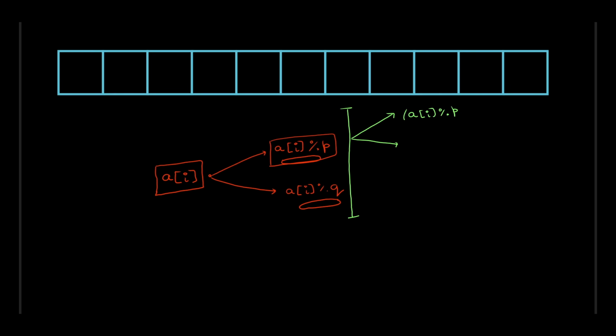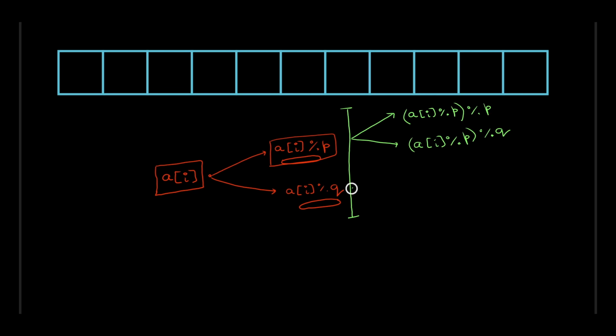You have to start with the element that you are given, so that would be a_i modulo P, and then at the end you apply a modulo Q. And where can you go from here?